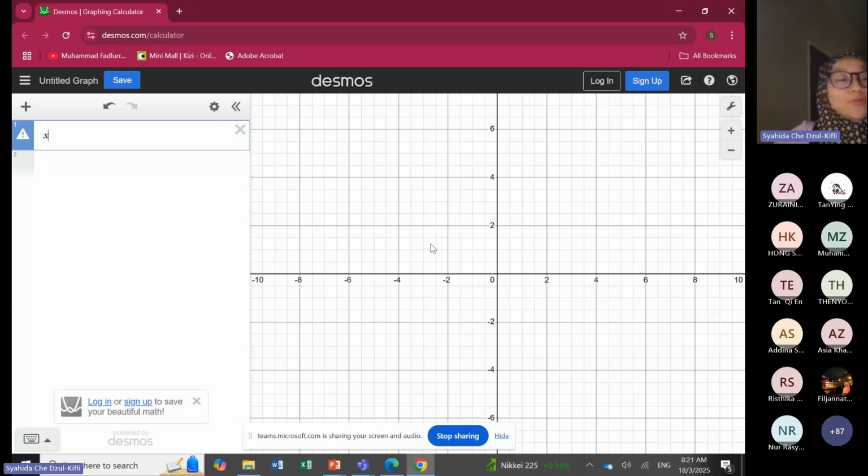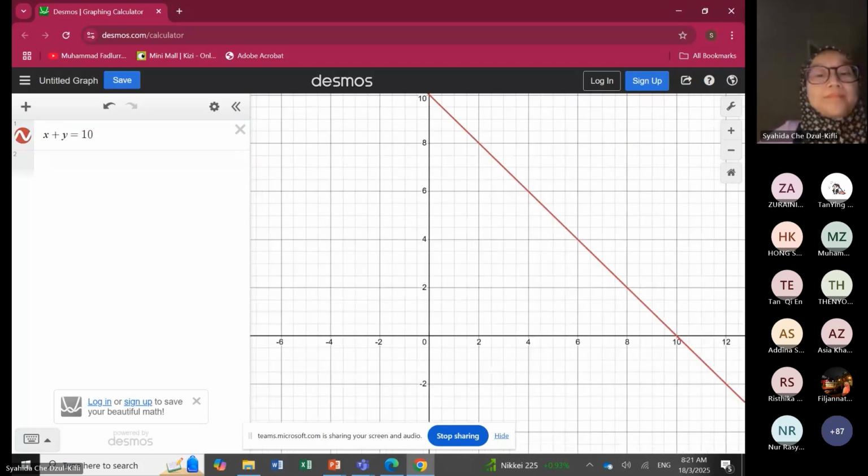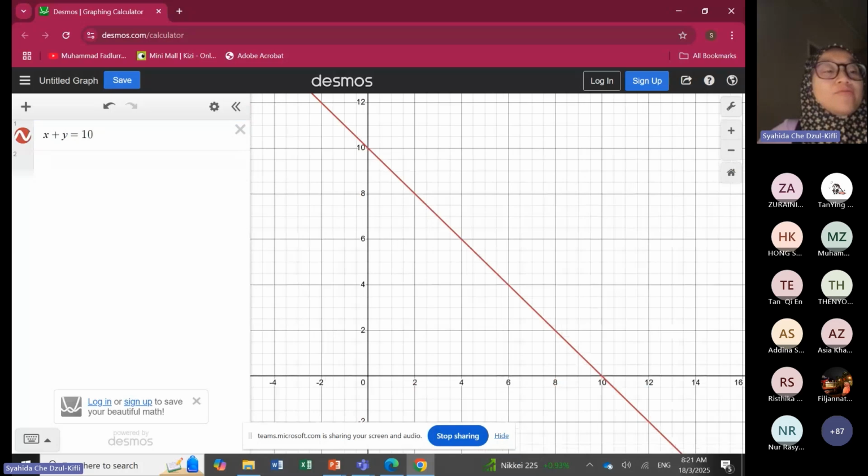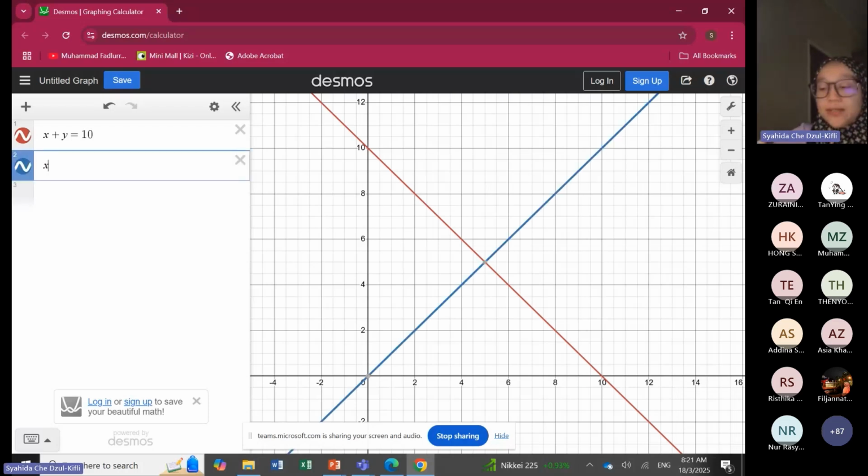So we are going to use x plus y equal to 10. The graph for x plus y equal to 10 is a straight line, and therefore we conclude that this equation is a linear equation. The same goes for the second equation, x plus y equal to 5.